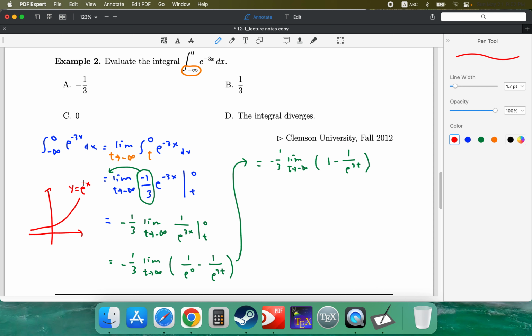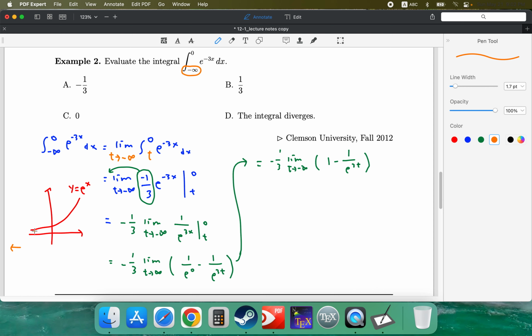If you have 1/3 x, then you have to stretch it. This is the parent function, and e to the 3x will be similar to this graph. Now we want t goes to negative infinity, and negative infinity is in this direction, approaching the left.